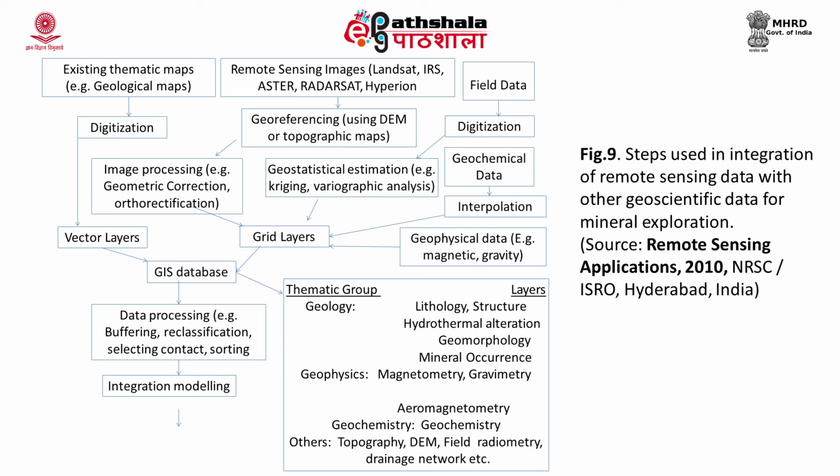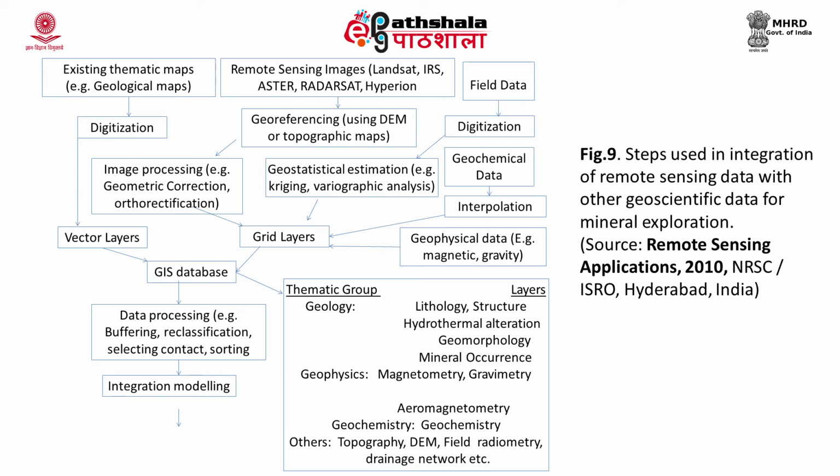The field data after digitization will go for geostatistical estimation, kriging and variographic analysis, and then we will prepare grid layers. From the remote sensing image, after georeferencing, we go for image processing, that is geometric correction, orthorectification and atmospheric correction, and then we prepare the grid layers.